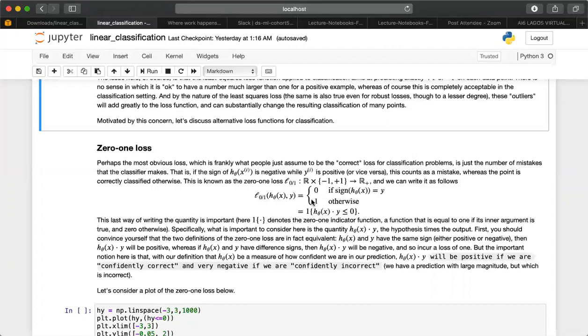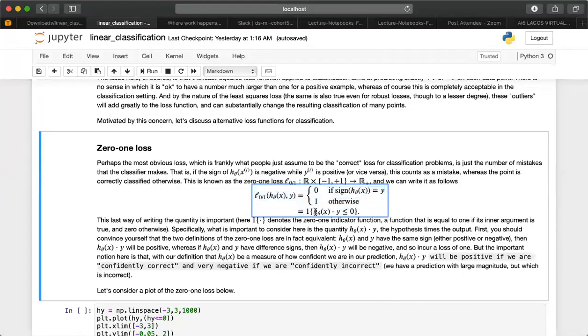So now, just look at this. Let me go back up here. If the sign of h of x is equal to y, then the loss is 0.